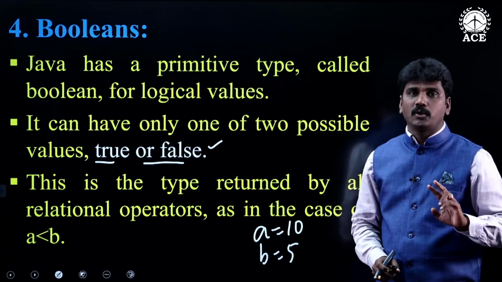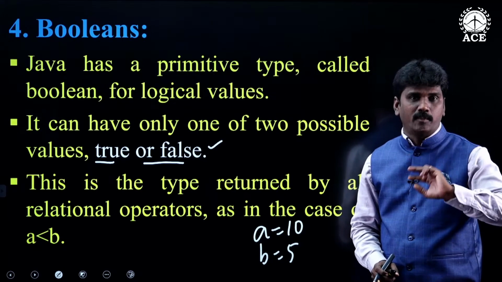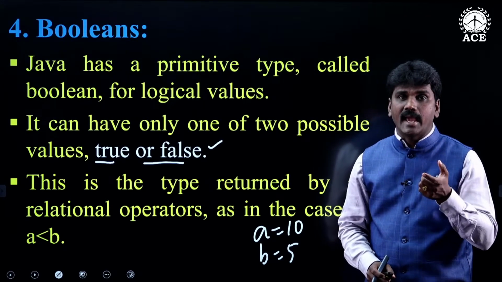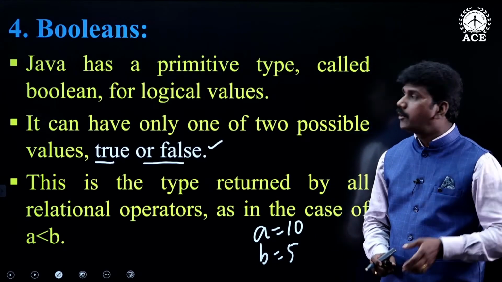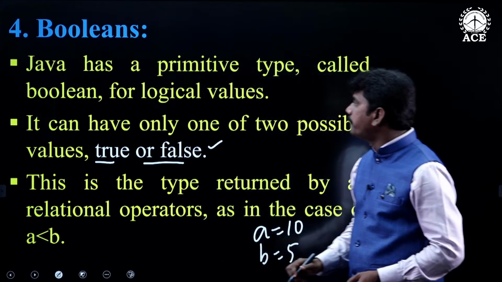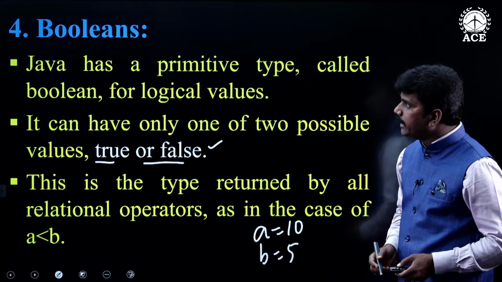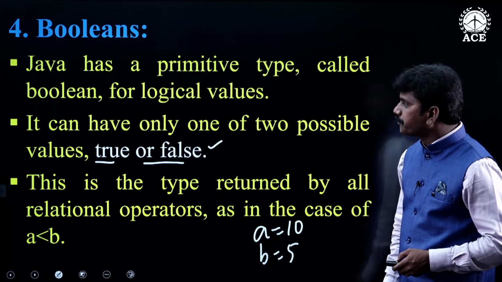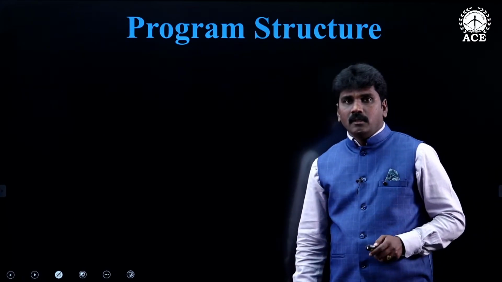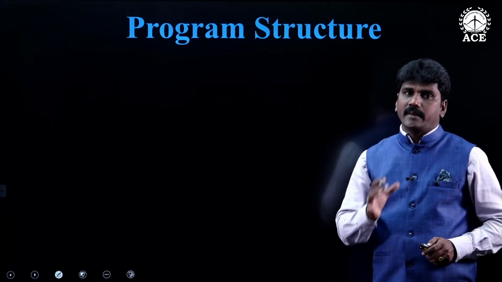Under the floating point group, float and double. Next the character data type, char, and the last one is Boolean. It is represented with the keyword boolean, with a small letter b, right? This is about the data types concept.